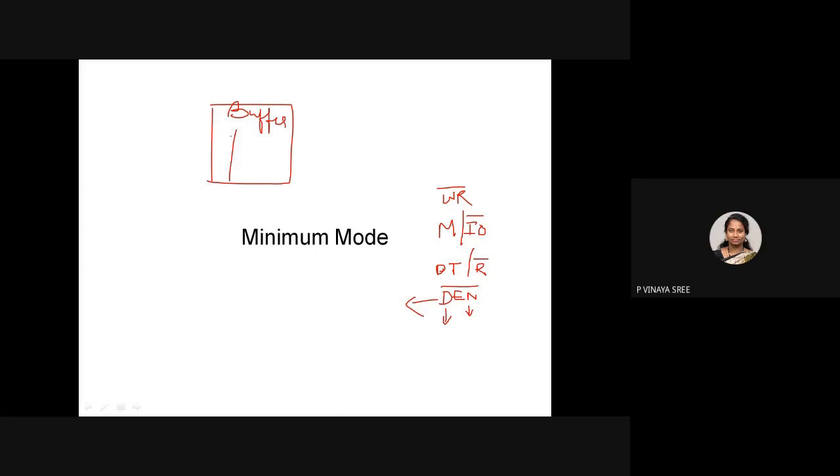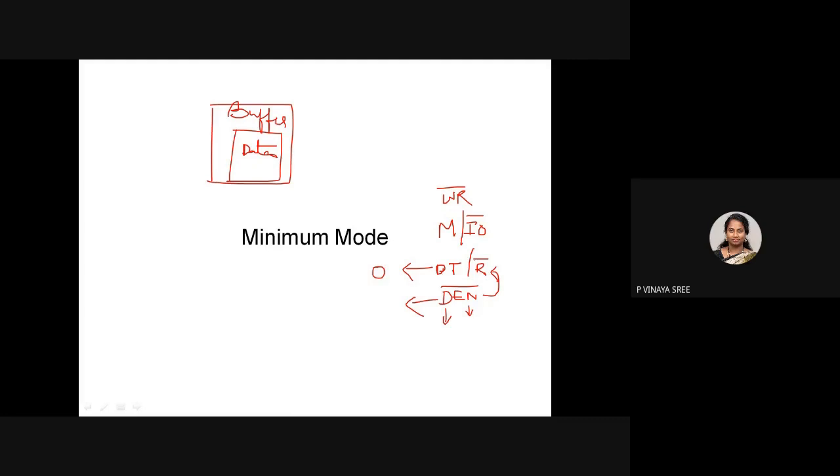Next, let us consider that data is ready. Once data is ready, based on this pin, it decides whether the processor is receiving the data or transmitting the data. Try to answer: if it is 0, is it receiving or transmitting?